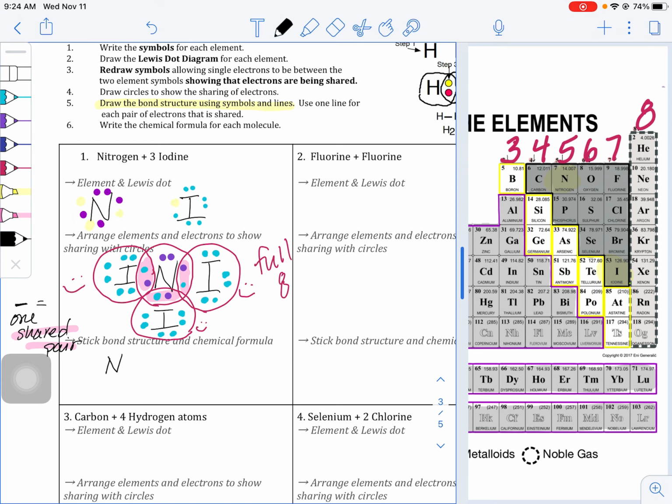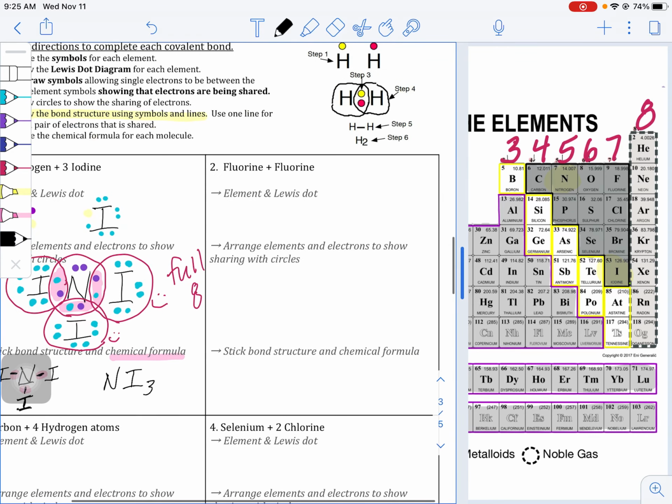Nitrogen was in the middle, with an iodine hooked on each side from a shared pair. So again, that little stick model is just replacing the shared pairs. Finally, the chemical formula will be N, because I have 1 of those, and I, iodine, 3 of those. So NI3 is my completed bond.